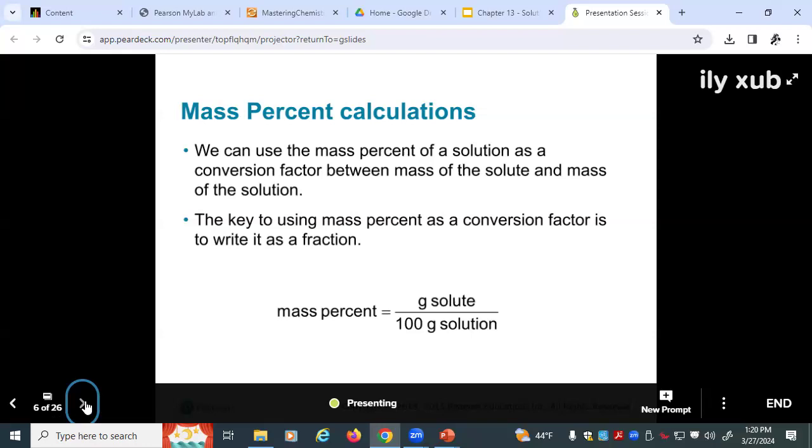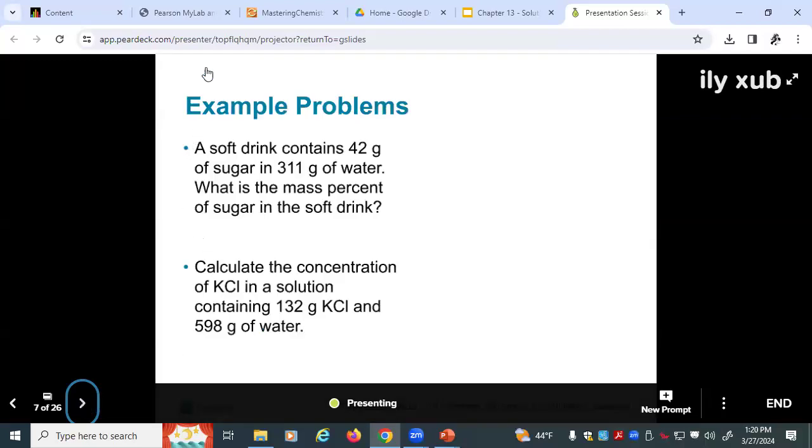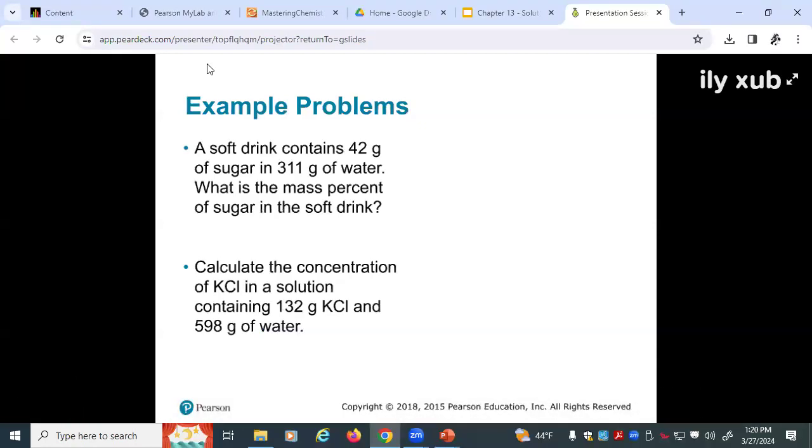So let's take a look at some example problems involving mass percent, just to give us some practice here. So I have two practice problems. First one, we've got a soft drink that has 42 grams of sugar and 311 grams of water.